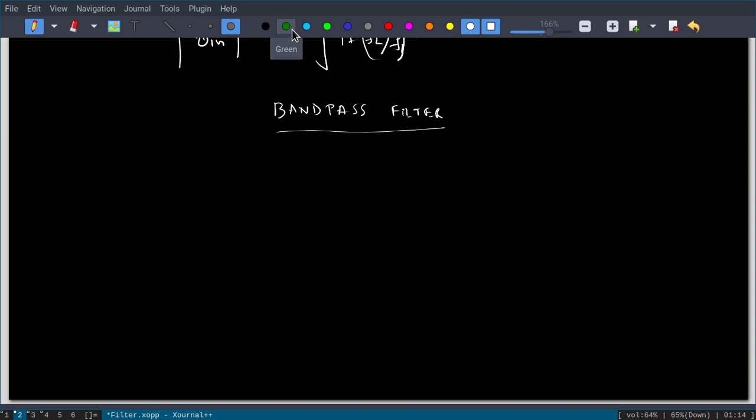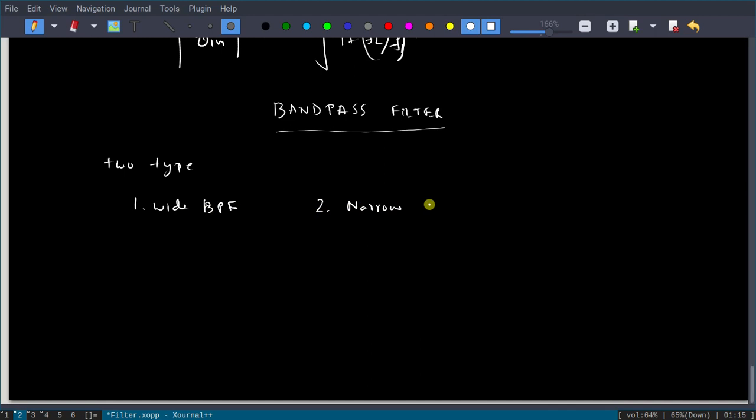Okay, so there also we can have two types here. One is wide band pass filter. Another one is narrow band pass filter. So the general response of band pass filter we know.